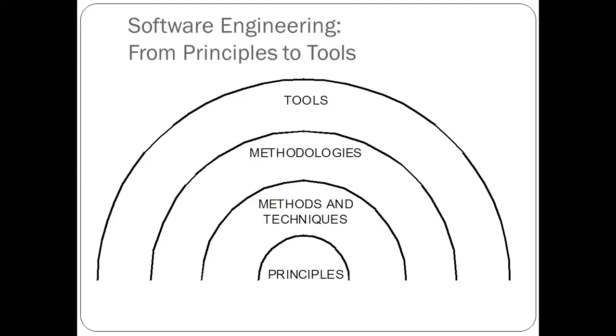These are the basic tools, and in addition to these there are other basic software tools which we will use for designing. So we start from the basic principles and proceed towards the tools.